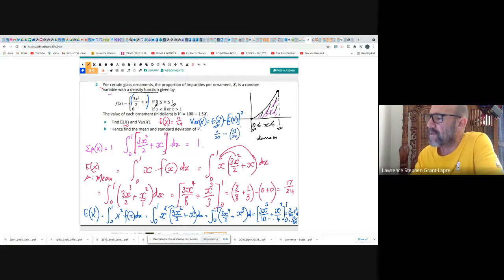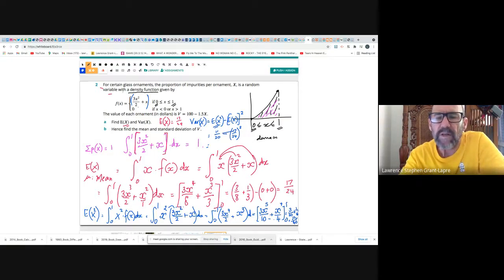Substituting, our variance is E of x squared, 11 over 20, minus 17 over 24 squared, equals, so you get your calculator. Just substitute this on the calculator.